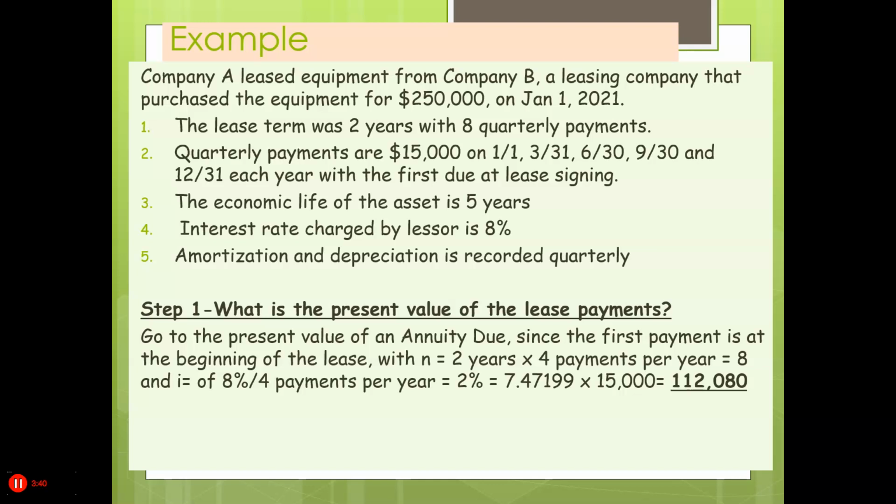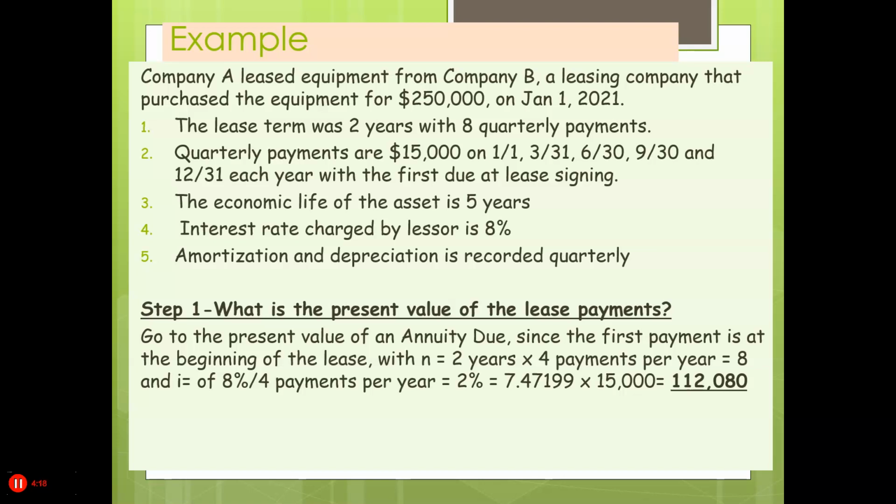N would normally be 2 years, but since we're paying 4 times a year, N equals 8, because you take 2 times 4. For the interest, we have 4 quarterly payments, so we take the 8% and divide by 4, which gives 2%. Then we go to our present value table of annuity due, and we get the factor 7.47199 times 15,000, which are the payments, and that gives us a present value of $112,080.